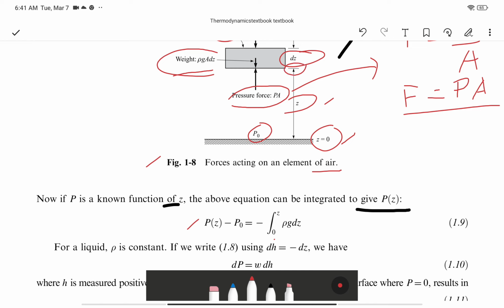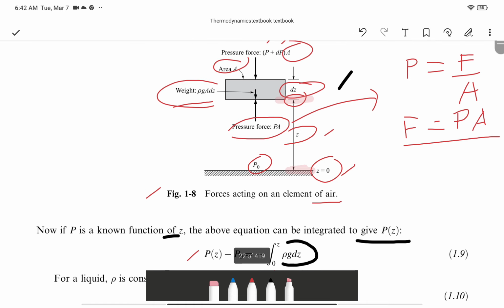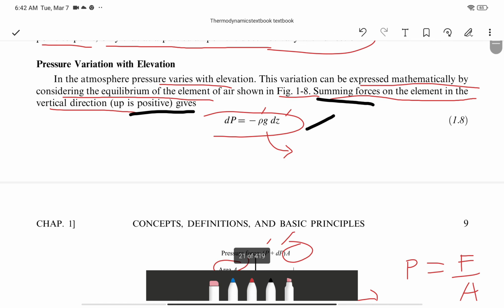Your z is here. So you're actually summing up the value from this point to that point. You're integrating it, and what is inside the integral sign is density g dz. Okay, and that is this here.